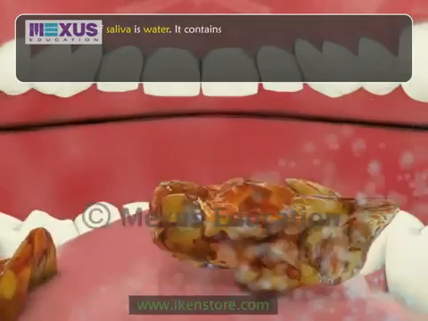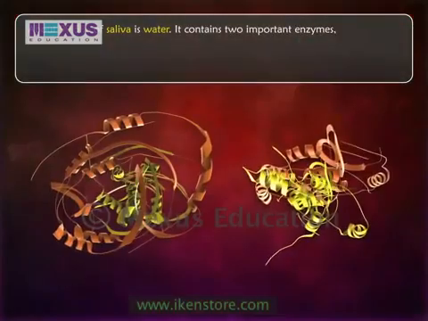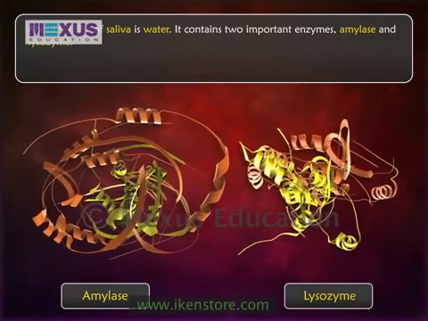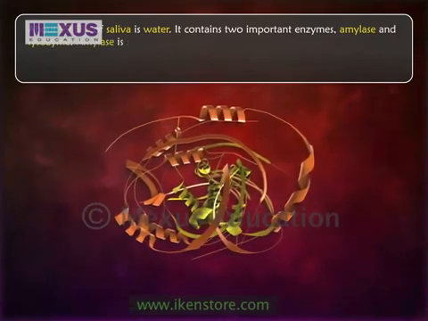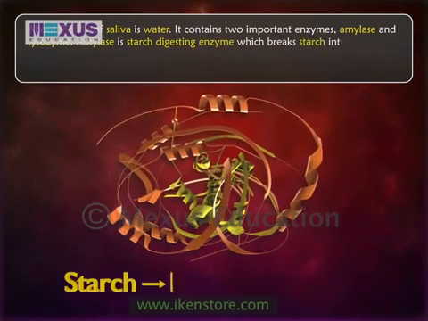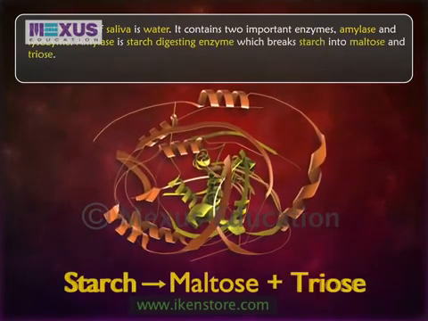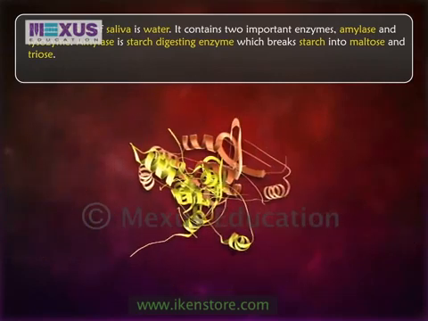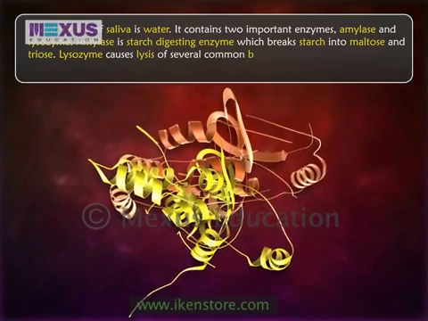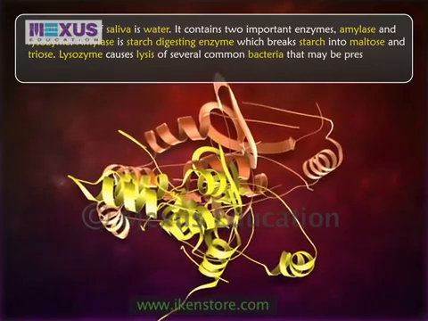It contains 2 important enzymes, amylase and lysozyme. Amylase is a starch-digesting enzyme which breaks starch into maltose and triose. Lysozyme causes lysis of several common bacteria that may be present in the mouth.